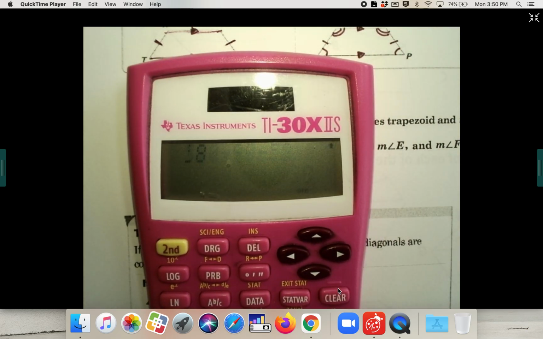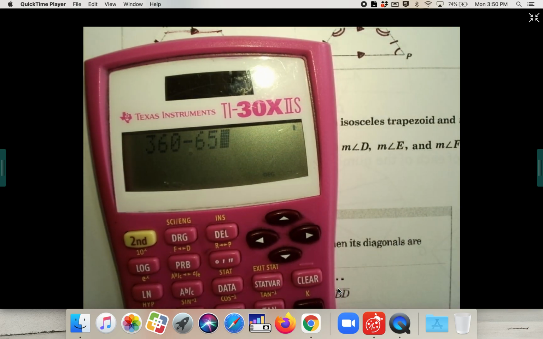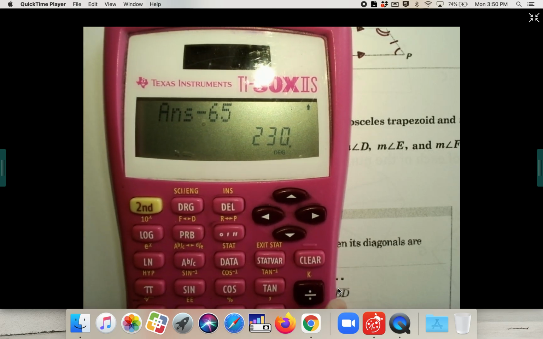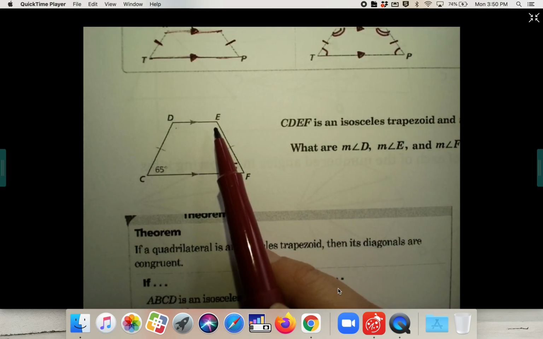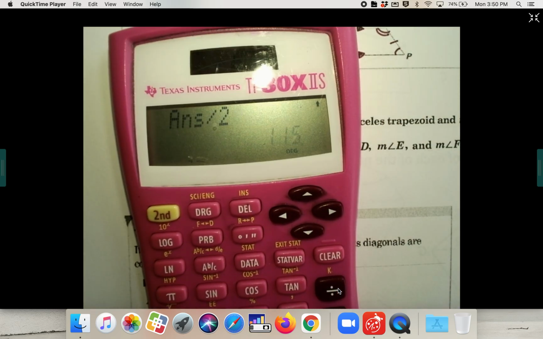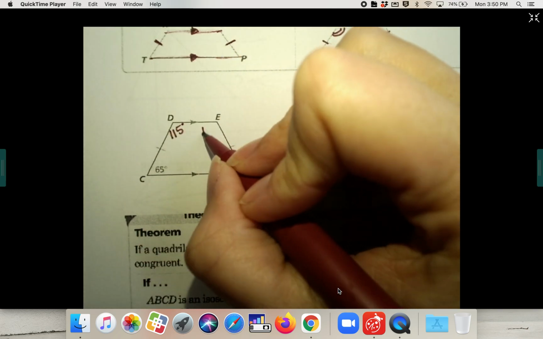So I would take my 360 degrees and subtract out 65 and another 65, and I have 230 left. Since these two base angles are equal to each other, I can divide 230 by 2, and each of these would be 115 degrees.